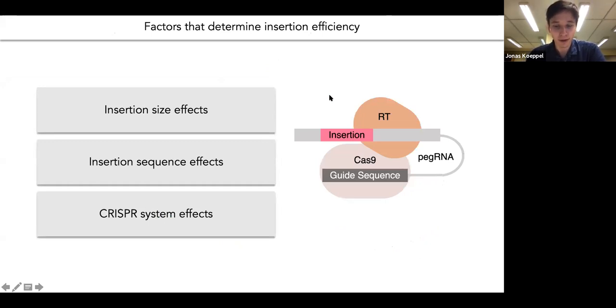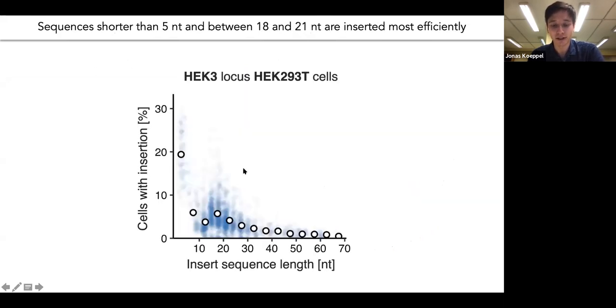With that, we were now interested to understand which features determine how efficiently any given sequence can be inserted using prime editing. So let's first look at the size of the insertions. And this is a diagram that plots the percentage of cells that have a given insertion versus the nucleotide length of the insertion sequence.